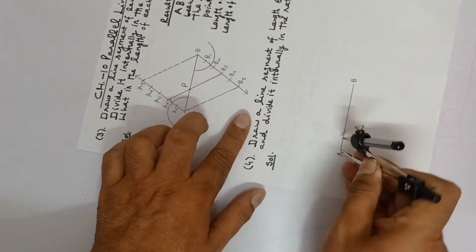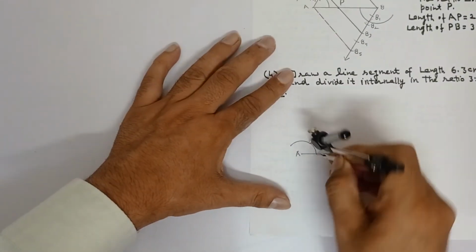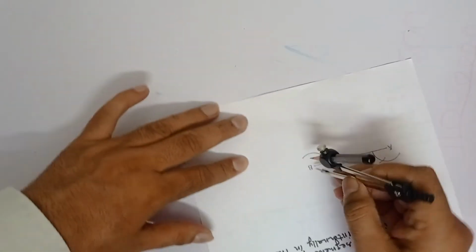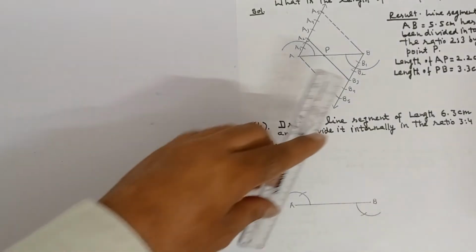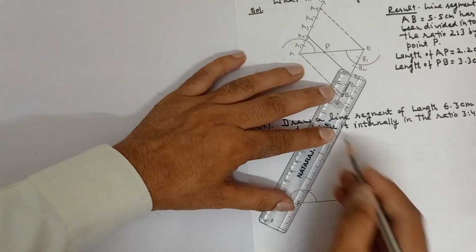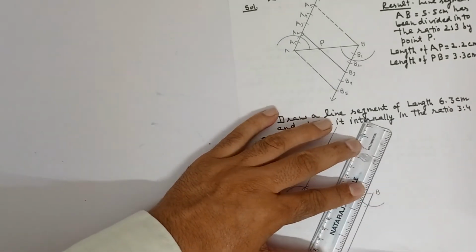Again I am making a 60-degree acute angle at A. Below AB also the same procedure. Extend this line, this also.